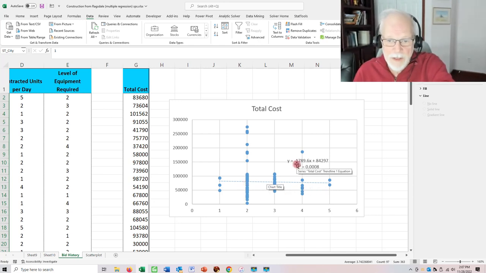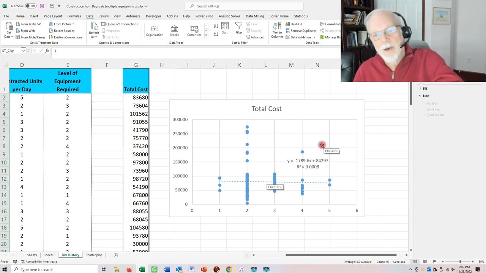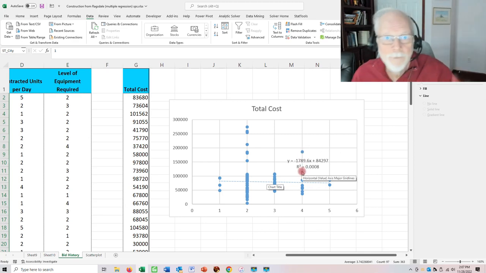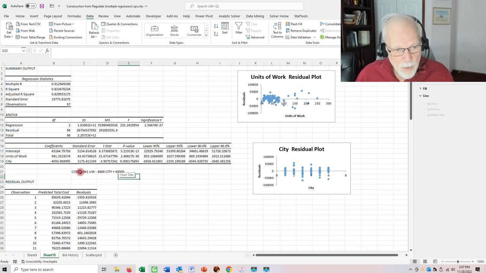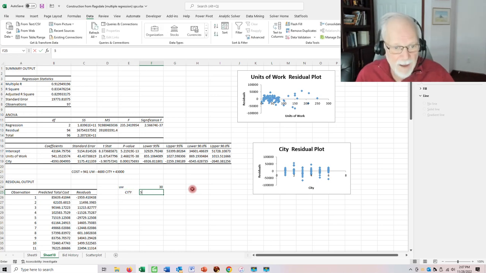If you stick 2 in this equation and crank it out, you're figuring out what that regression tells you is the average cost for a job of equipment level 2. Okay. So in our model back here, the equation that we would get would give us an average cost. Let's make sure you've got it by doing one example. Suppose the units of work for a job was 30, and the city it's taking place in is city 5.